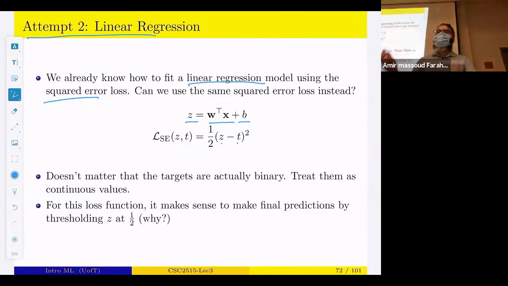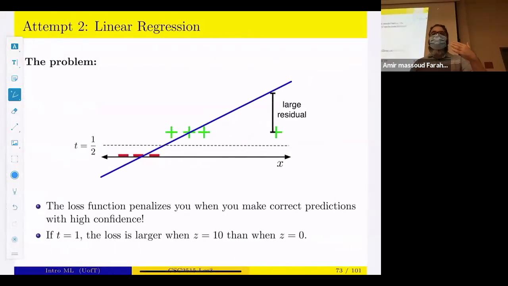So just consider them as real valued numbers, and then we minimize this loss. At the end, in order to convert our solution to be binary, we do a threshold. If z becomes larger than half, we say the output would be class +1, and if it becomes smaller than half, we say the value would be -1.